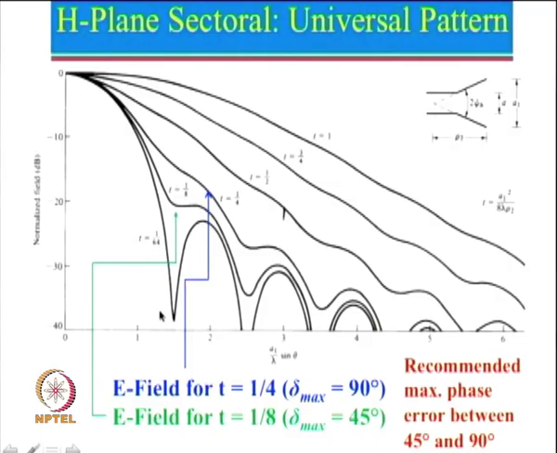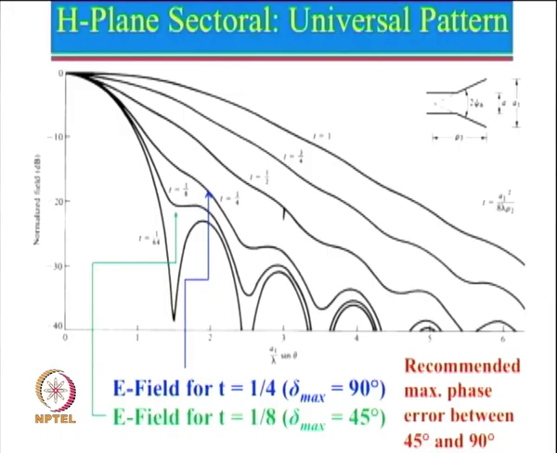Now if you look at the side lobe level, if I draw the line here, you can see it is much below 20 dB. In fact, if you recall, for uniform field distribution we saw the side lobe level was much higher, close to 13 dB, but if it is a cosine distribution, side lobe levels are of the order of minus 22 dB or so, and these things are very similar to the array theory, which you convert to space factor over here.